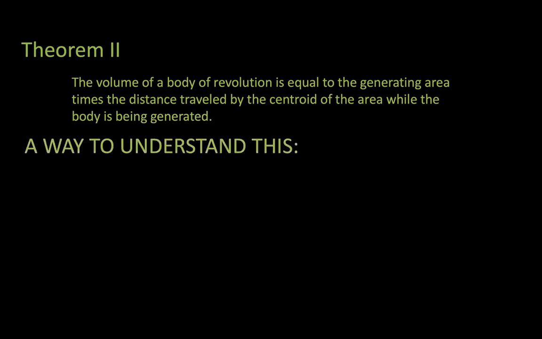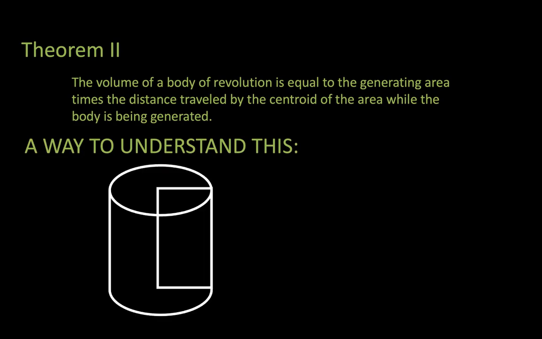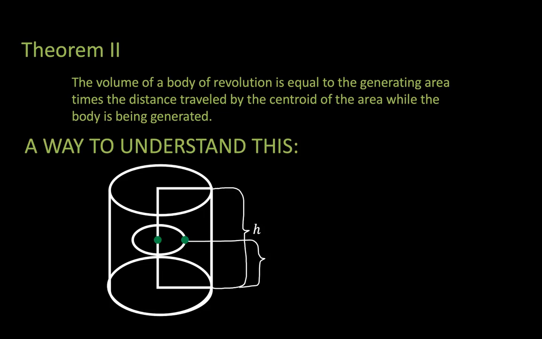A way to understand this is we can rotate a rectangle along the y-axis or the x-axis, it doesn't matter, to get a cylinder. The centroid of that rectangle is located over here. The centroid is rotated in a circle. The height of that rectangle is h, and that centroid is located at height h over 2. We have r, the radius, and r over 2.